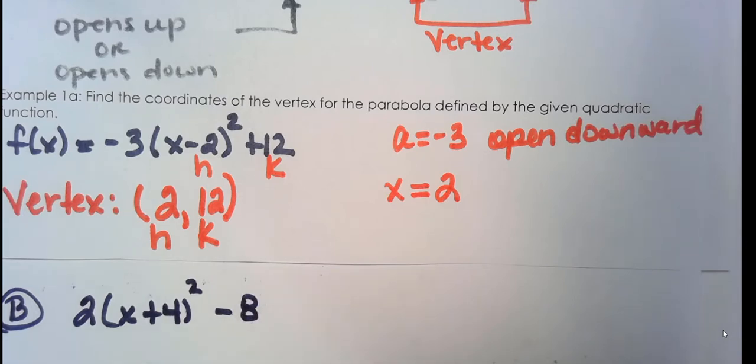What is the vertex? We have our h and we have our k. And remember, when we write our vertex for h, we take its opposite. So our vertex is -4, that's our h, and our k is -8.